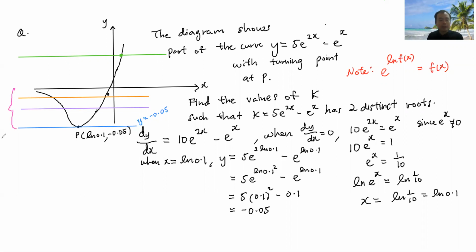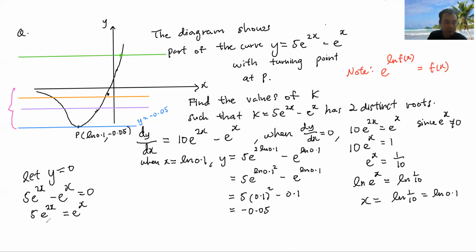Can I include the x-axis itself? If I draw the line y equals 0, does it cut the curve twice? Now we can actually find out. There's actually a horizontal asymptote here, but let's find out. I'm going to let y be 0, and you're going to have 5e to the power of 2x minus e to the power of x equals 0. Let's solve this. Again, e to the power of x is not 0, so we can divide both sides by e to the power of x.